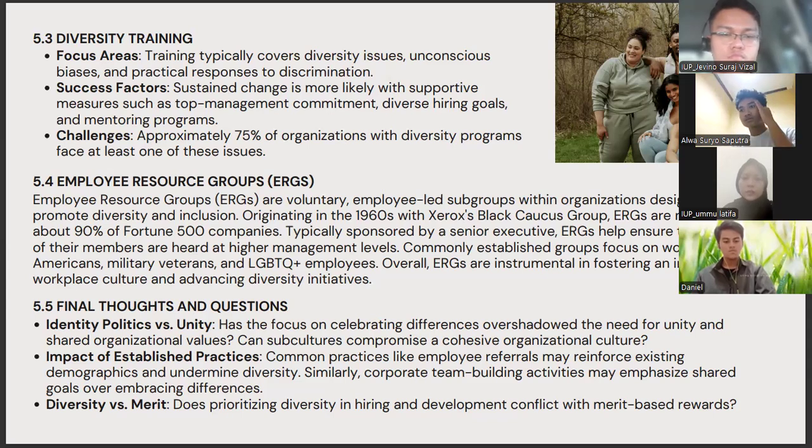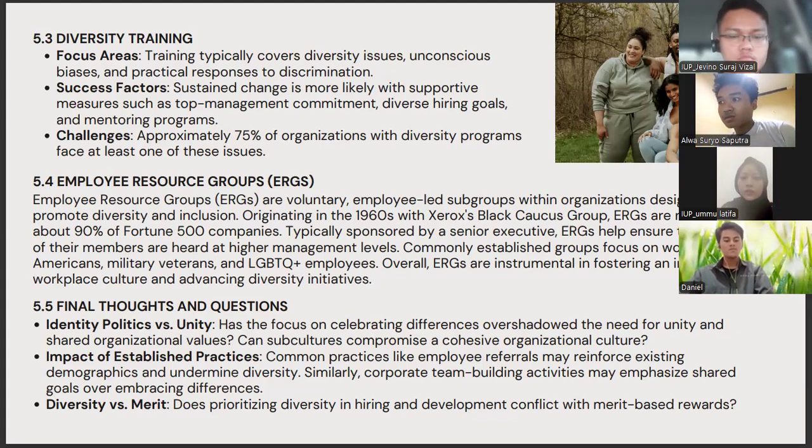They serve multiple purposes, including providing a platform for shared concerns, attracting diverse talent, enhancing employee engagement, and facilitating mentorship programs. Typically sponsored by a senior executive, ERGs help ensure that the voices of their members are heard at higher management levels.